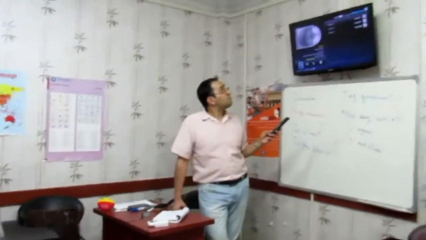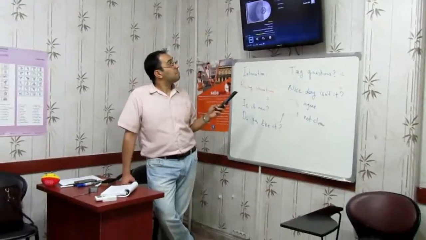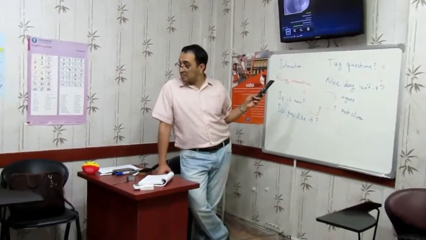Is one agree or disagree? Agree. Two, he's funny, isn't he? Agree or disagree? This time it's agree. Three, it's not clear, disagree.